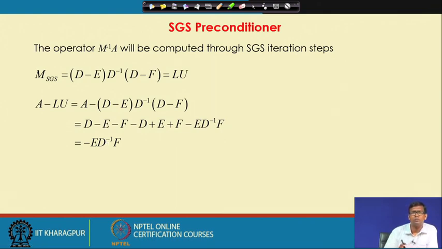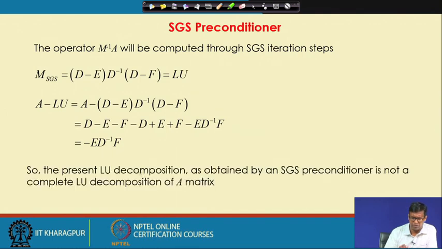So, we can get a small error here, and we will say that this is not a complete LU decomposition, rather an incomplete LU decomposition of A. However, a preconditioner matrix can be evaluated from this and applied to solve the equations. So, the present LU decomposition as obtained by an SGS preconditioner is not a complete LU decomposition of a matrix.